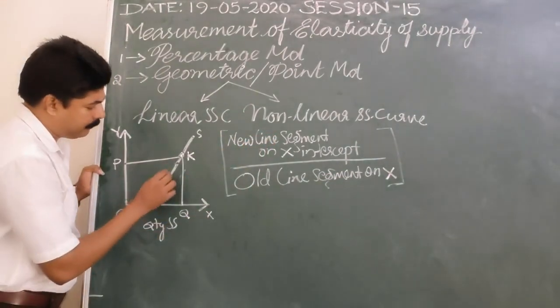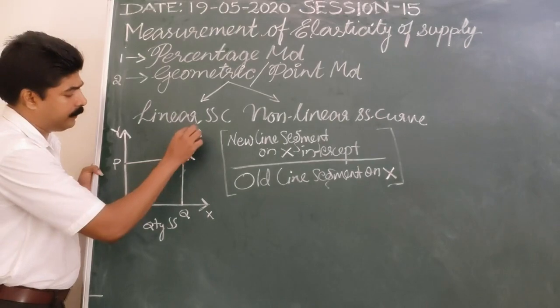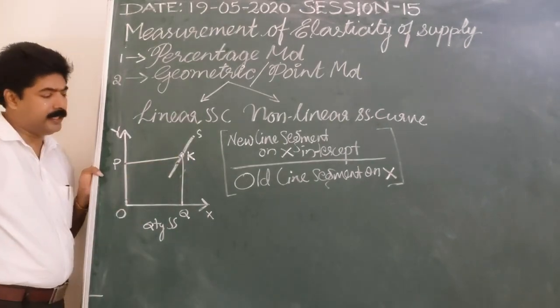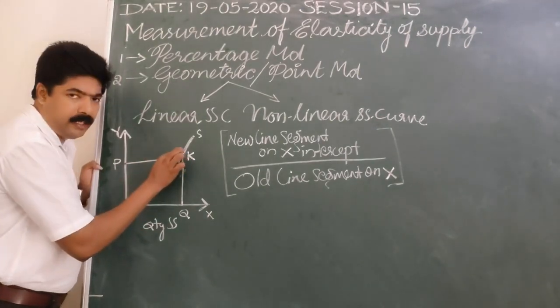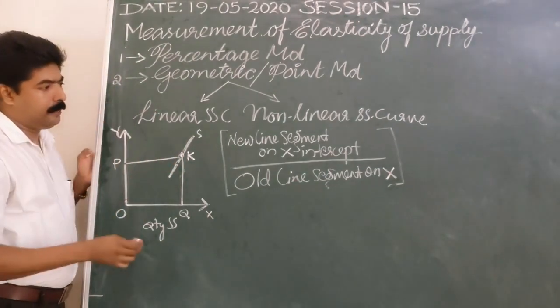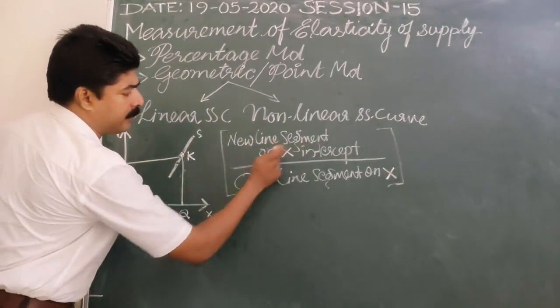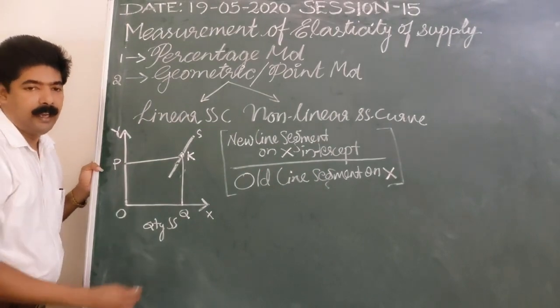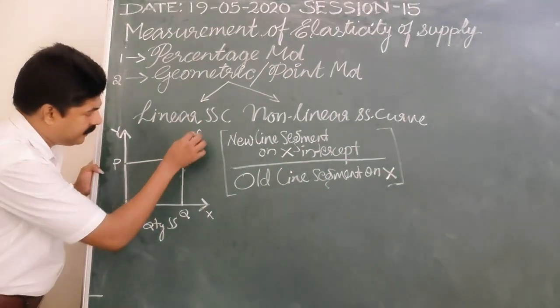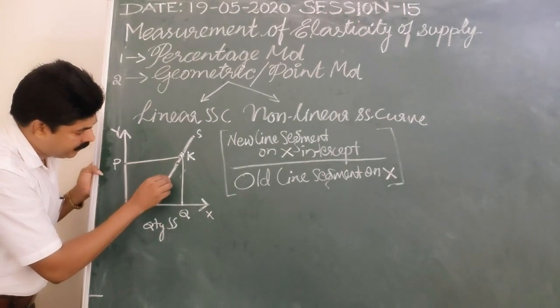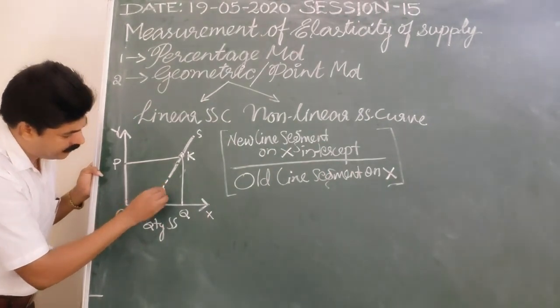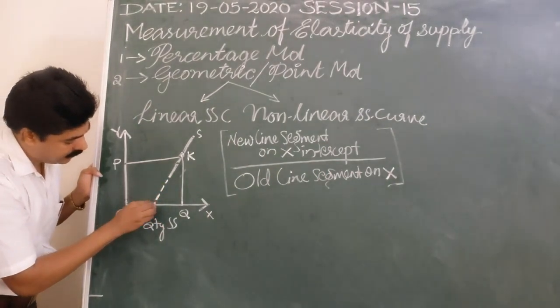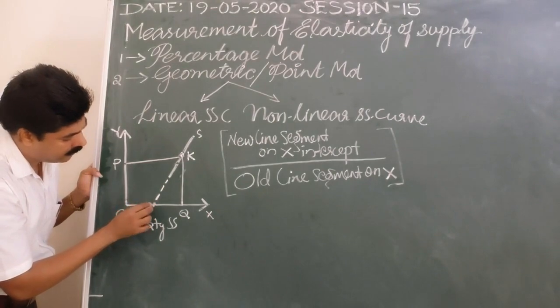We have a supply curve here. This is the linear supply curve already given, and K is the point we need to calculate. Now I am making a new line segment on the x-intercept. What is the new line segment? I need to extend this supply curve towards the x-axis. So I am extending it, and it touches a particular point on x.